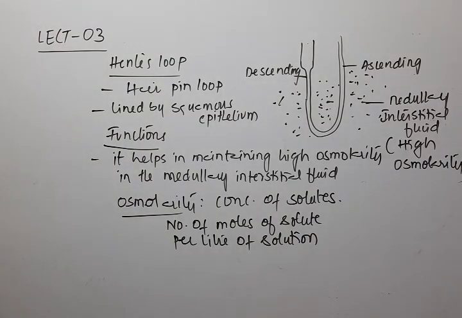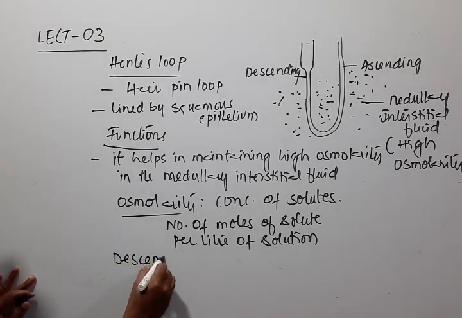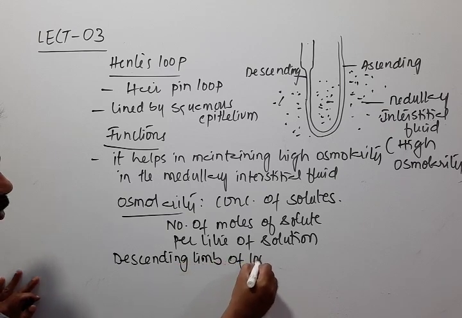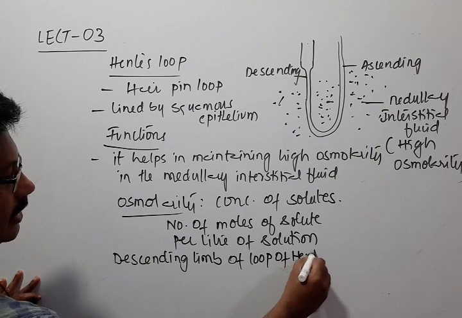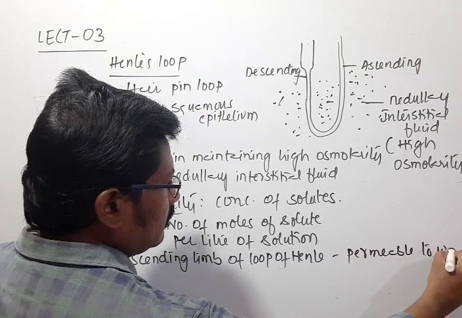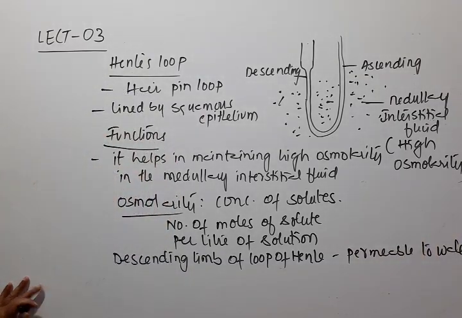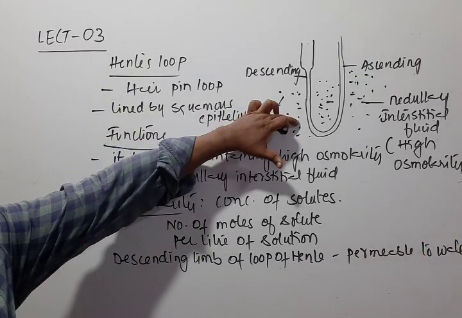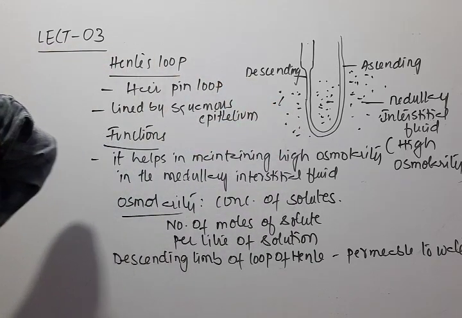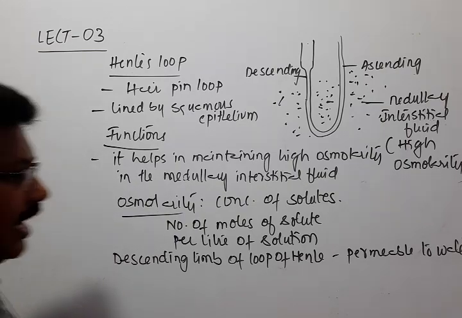Okay, then the descending limb of loop of Henle is permeable to water. So this is the descending limb of loop of Henle, and it is permeable to water but almost impermeable to electrolytes.